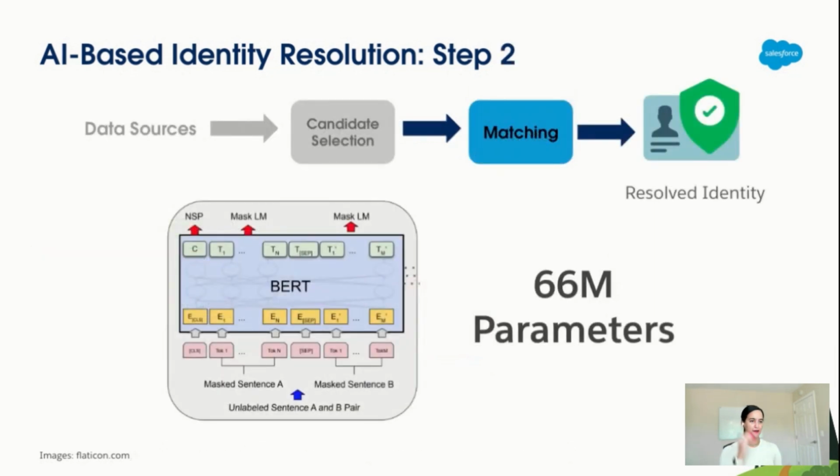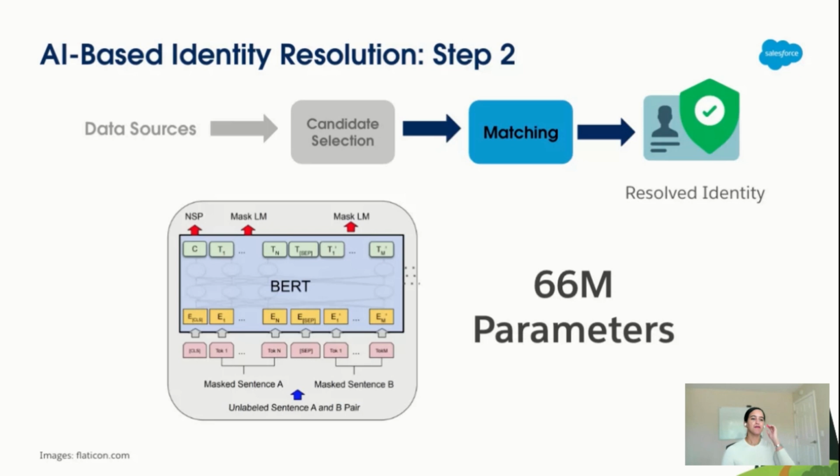Now, for the second step, let's say we have this target customer, and we have some candidates that match that customer. We really want more fine-grained search on which of those candidates is really a match. We want to be more careful here. So that's where our second small language model comes in.